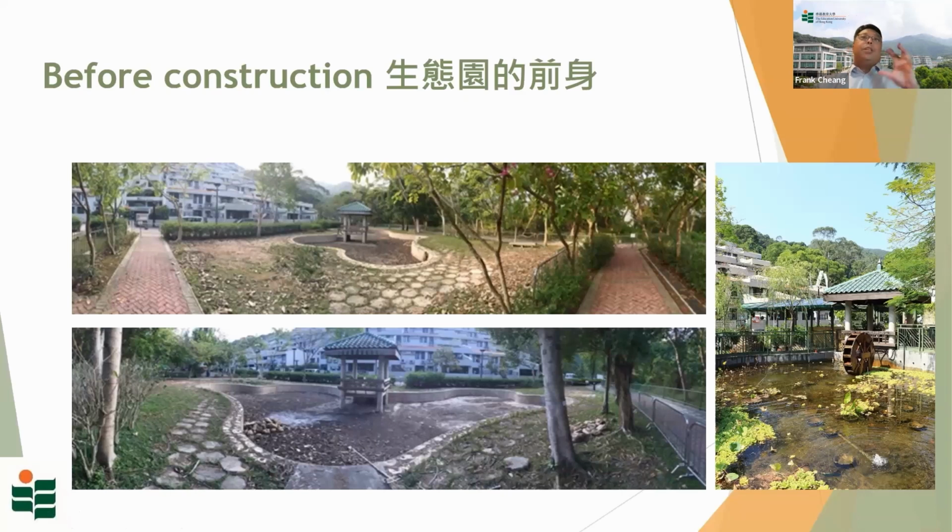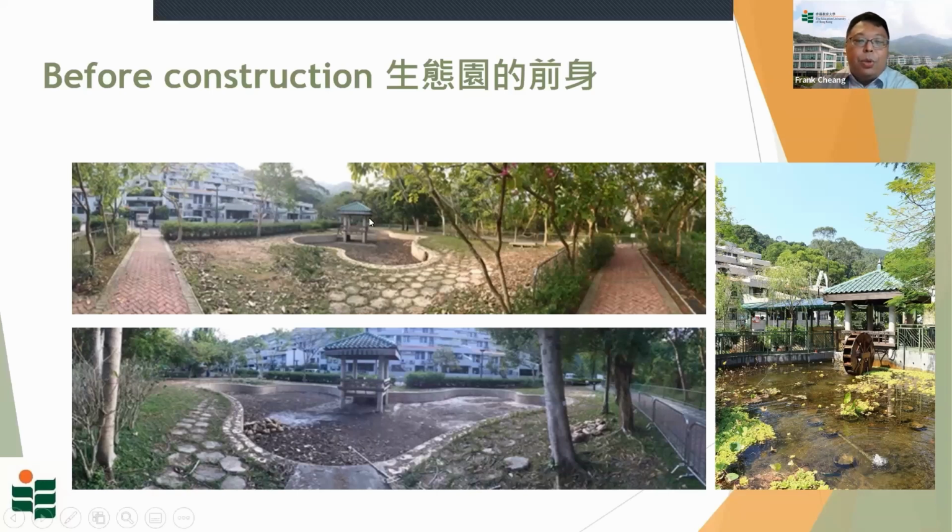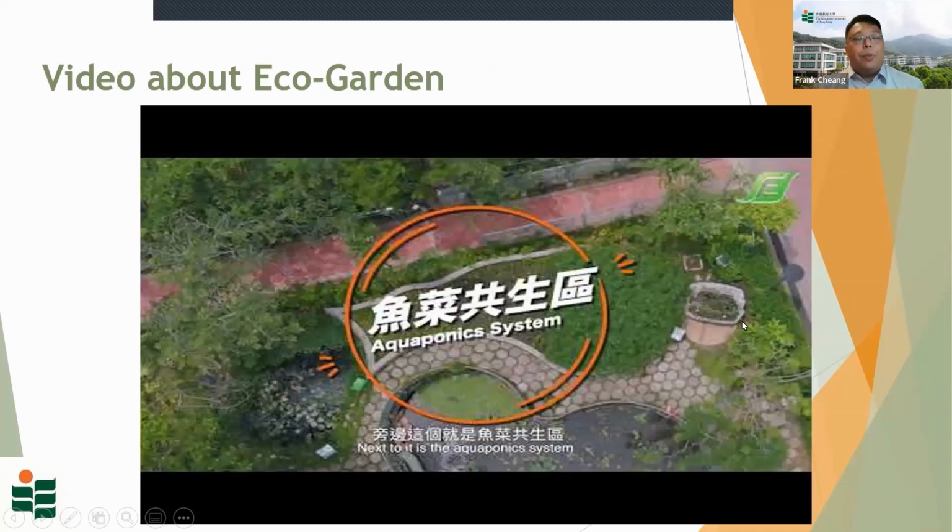So what we finally chose was to renovate the whole environment instead of completely destroying it and establishing a new one. You can see that it is more or less similar to the old appearance of the garden, but in fact we have introduced a lot of new things. To give you a better understanding, I would like to show a video introducing the eco garden.